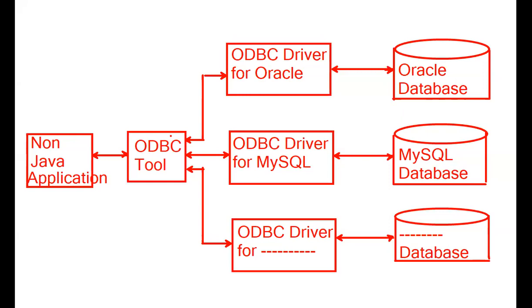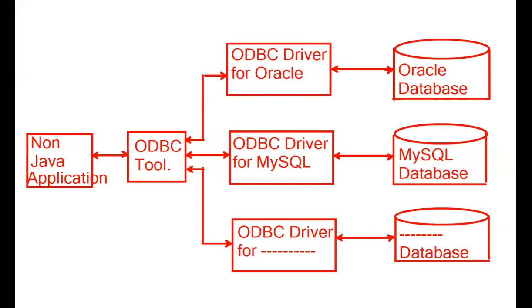For every database there is a separate driver. By using this driver, you can connect to Oracle only. By using this driver, you can connect to MySQL only. Like this, DB2 and others. All these drivers are part of the ODBC tool. I'll give you notes.